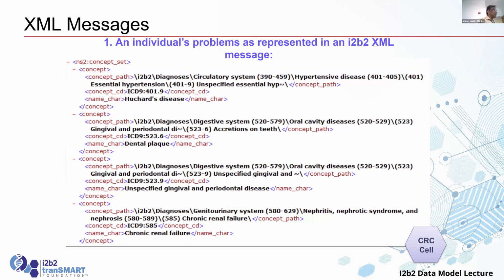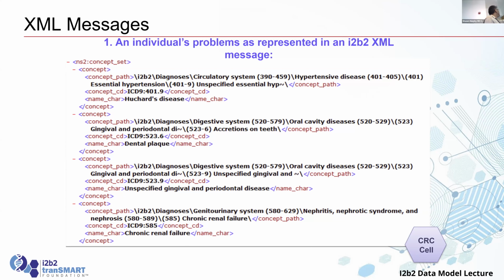And I need to make sure I'm not going over time. Normally the 3 of us do this at AMIA, but we have 4 hours there, so we compress this down to an hour and a half. Anyway, this is just a quick example of what an XML would look like.